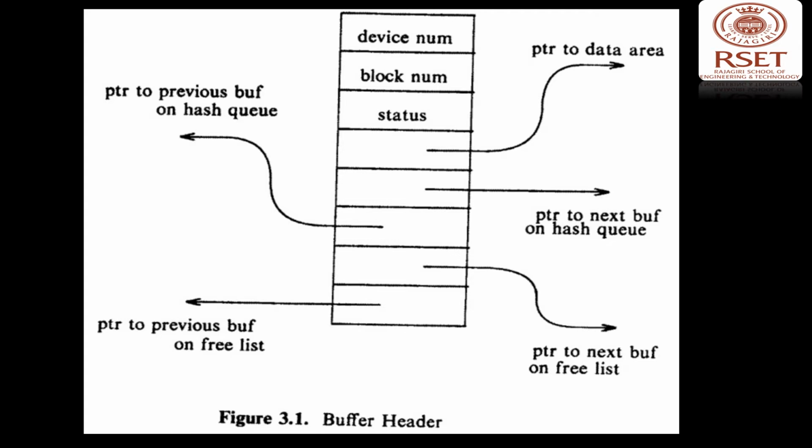This specifies the file system and the block number of the data on the disk, and they uniquely identify the buffer. Then we have a lot of pointers, as you can see in the figure. A buffer header also contains a pointer to a data array for the buffer, and the size must be at least as big as the size of the disk block. Then you can see a status field which summarizes the current status of the buffer.